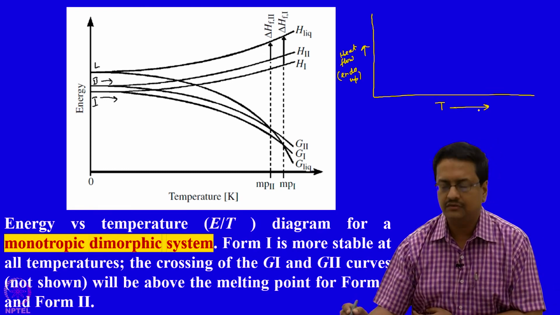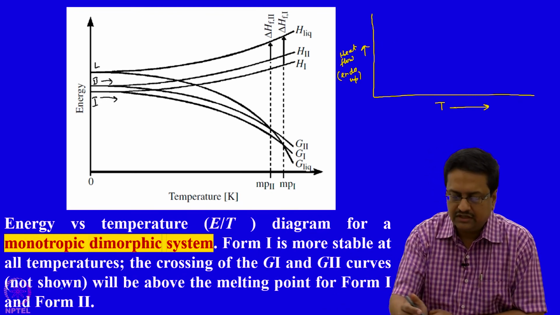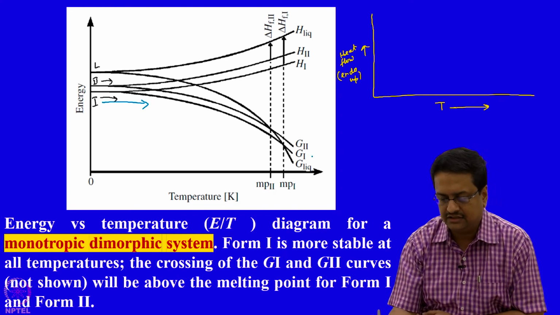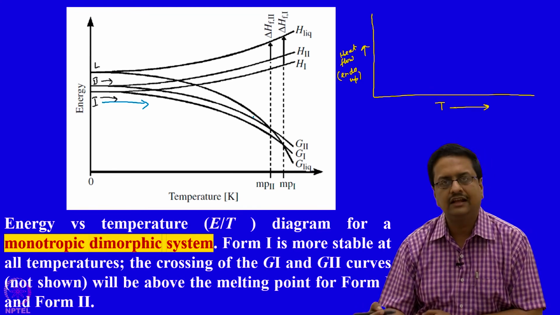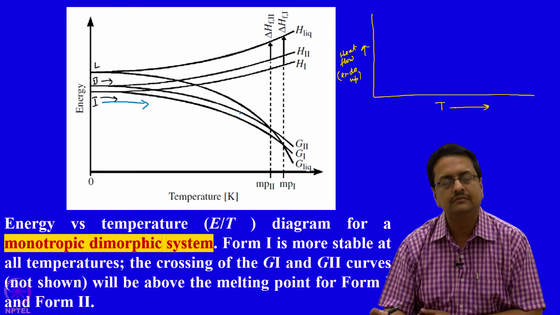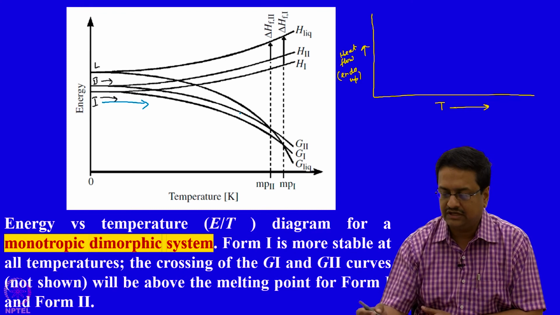If we have started with form 1, which is the thermodynamically stable form, on heating from a low temperature in this direction, form 1 does not get converted to form 2 at any point, because the G line for form 1 is not meeting the G line of form 2 at any point.